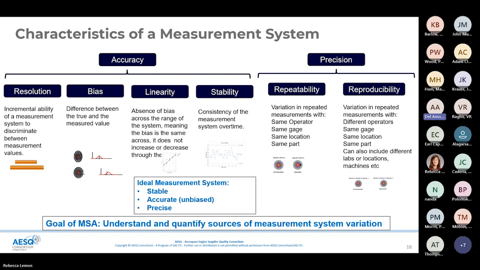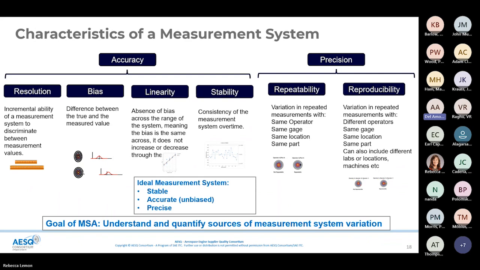Resolution, and we'll see more details later, can be defined as the ability to discriminate between measurements. The bias is the difference between the true and the measured value. Linearity is defined as the absence of bias across the range of the system. And stability is the consistency.